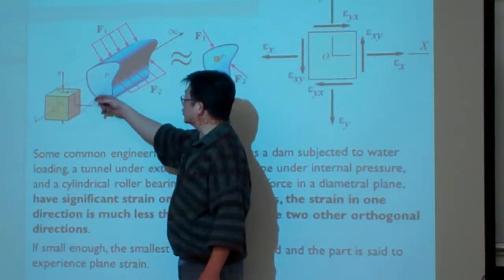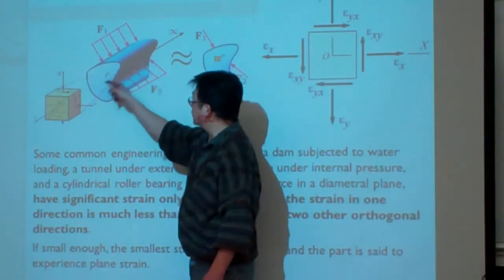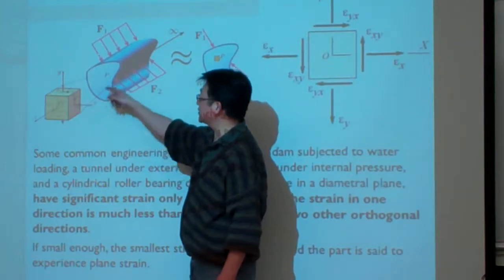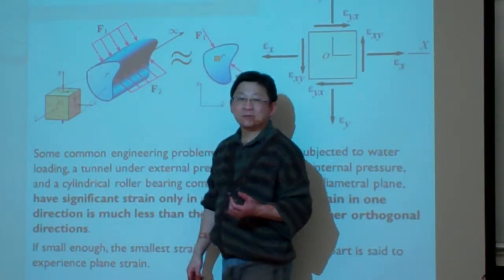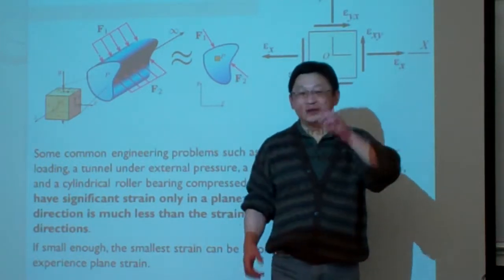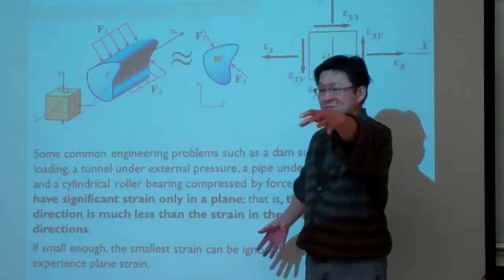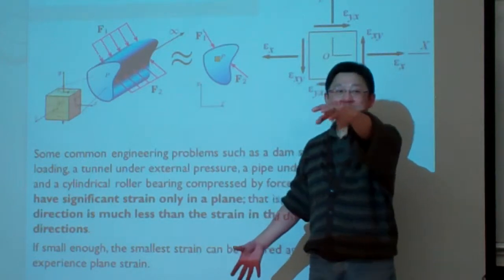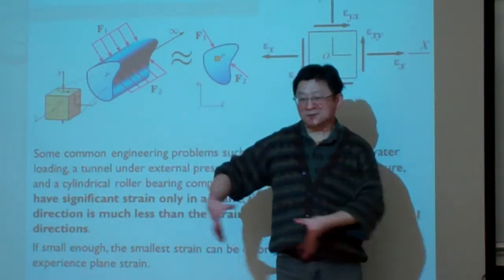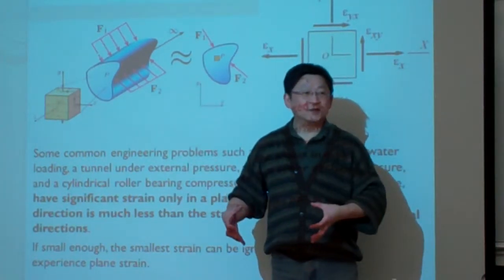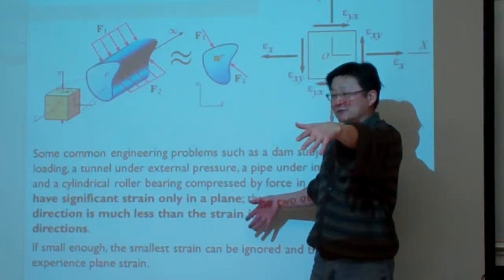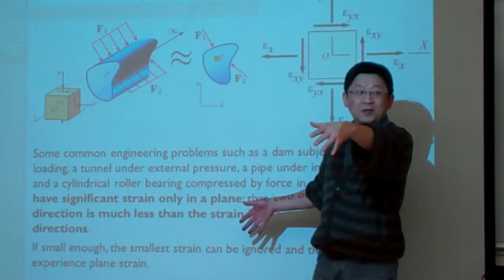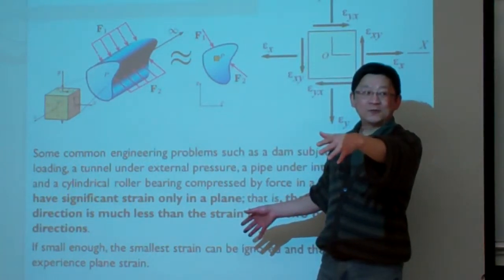Is this. The strain in the larger dimension is very small. Because you could imagine, if we have a very long solid pipeline under pressure from the sides, we squeeze it. The strain or deformation in the long axial direction actually is small. Okay, so that means the strain can be ignored.